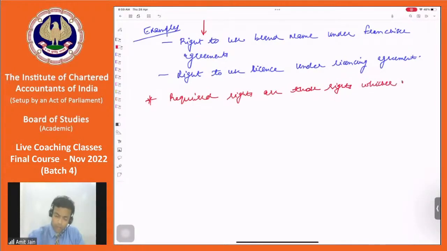which were given to the acquiree before the business combination.